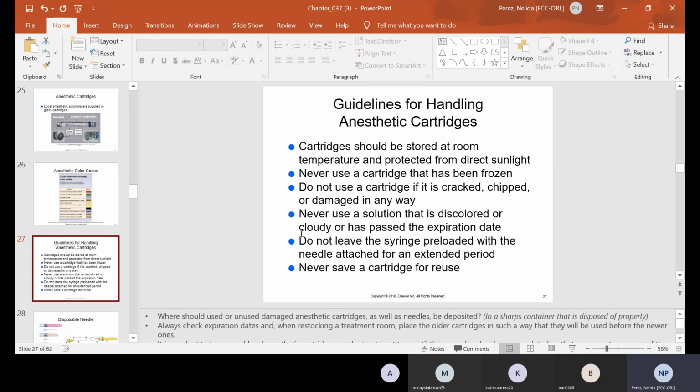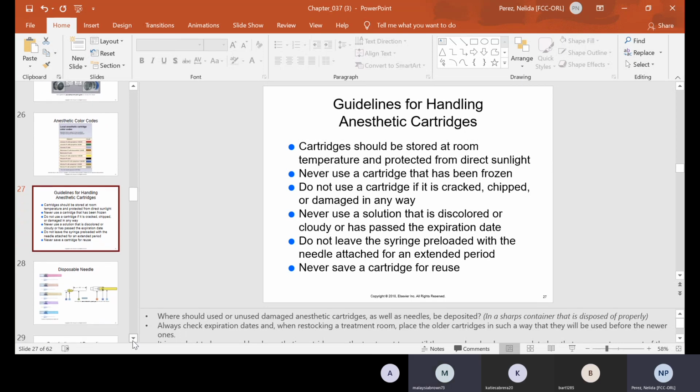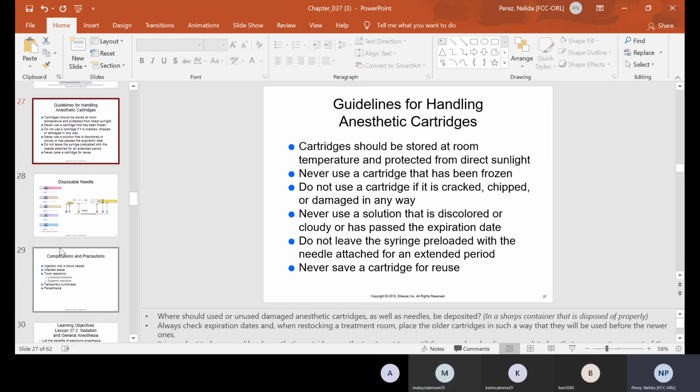Do not leave the syringe preloaded with the needle attached for an extended period, and never save a cartridge for reuse. So once you use a cartridge on a patient, even if there's a whole bunch of solution in there, it still goes in the sharps, okay? And if you don't know, the sharps is the red container.